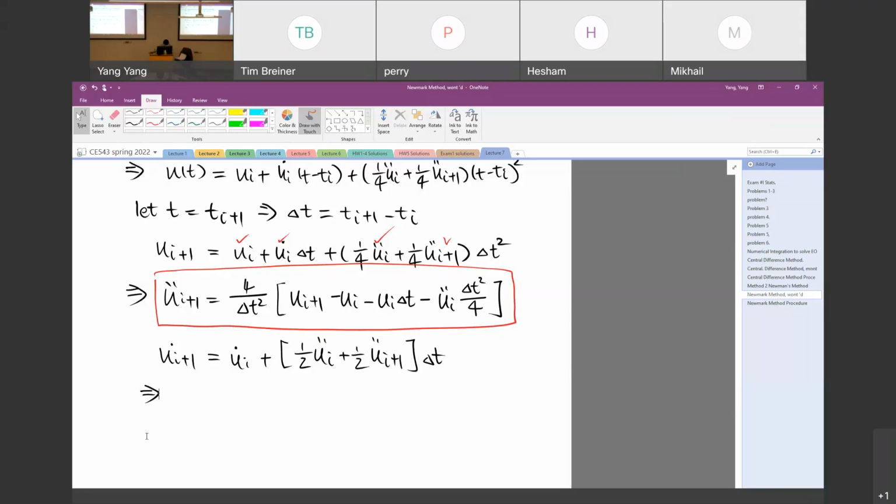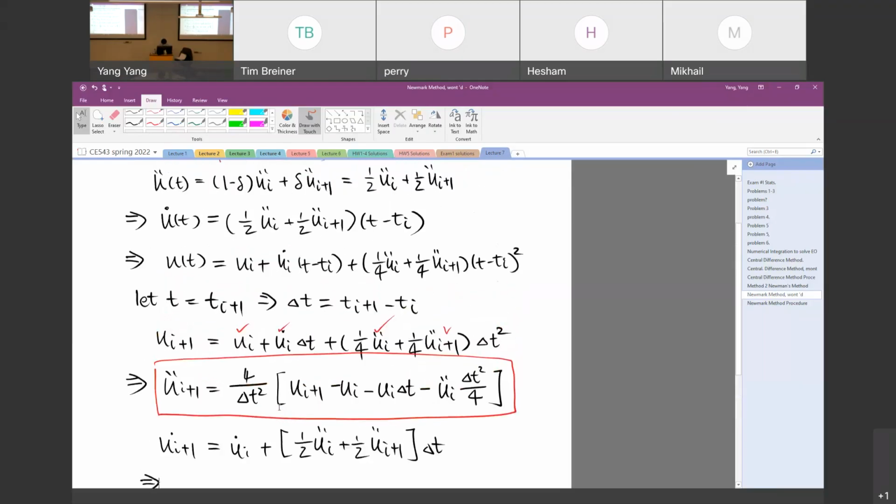Sorry, here we should use the, let me double check, something is wrong with my notes here.